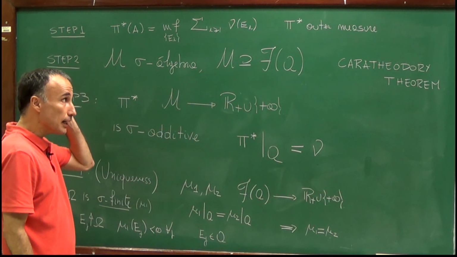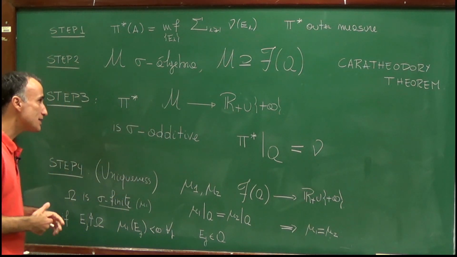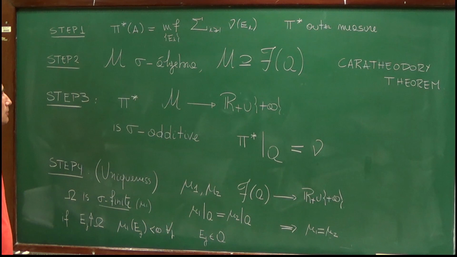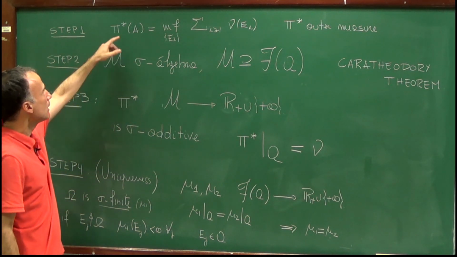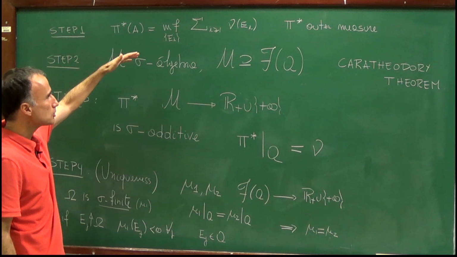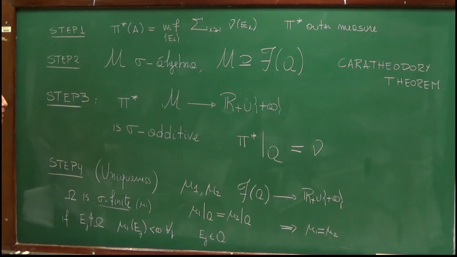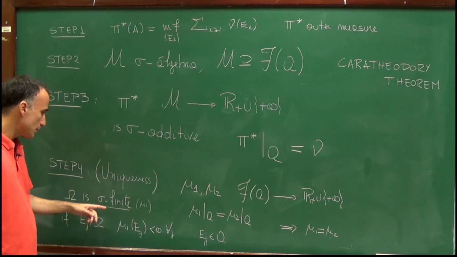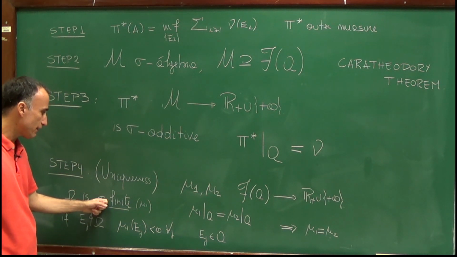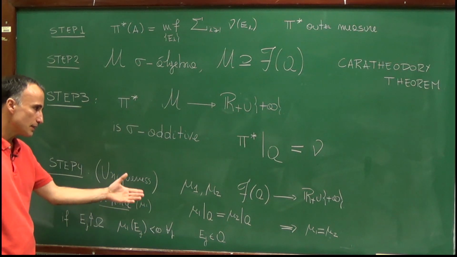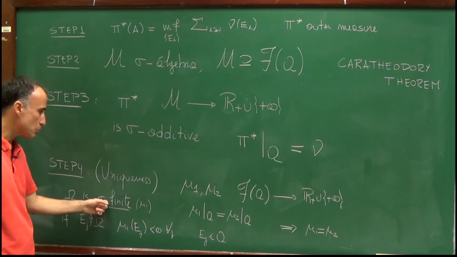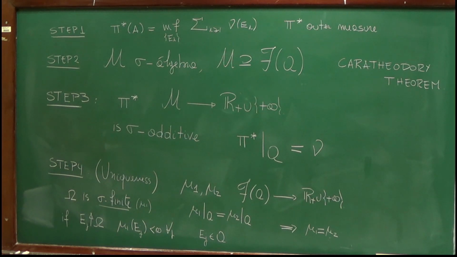Note, it's a very concise proof of the fact that we can extend a function which is sigma additive in an algebra to a function which is sigma additive in the sigma algebra generated, and that this extension is unique. You can see in the exercise I will propose that this condition of sigma finiteness is indeed needed, that the extension may not be unique if you don't require the sigma finiteness.